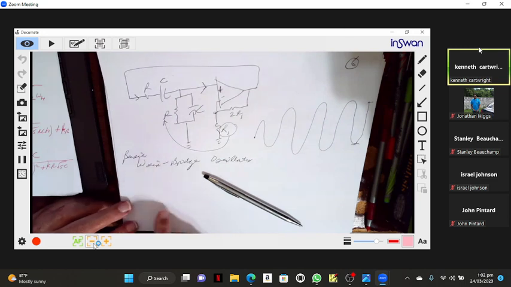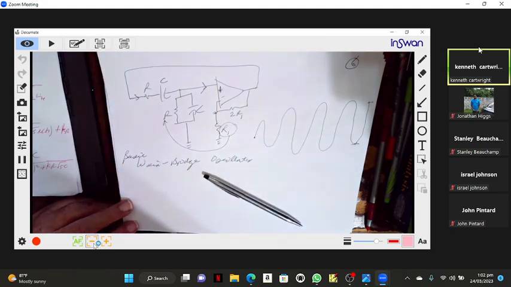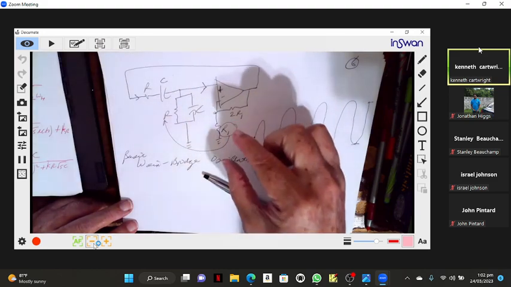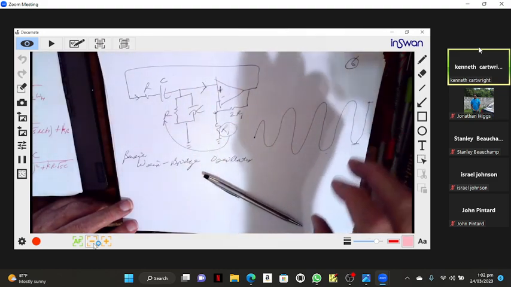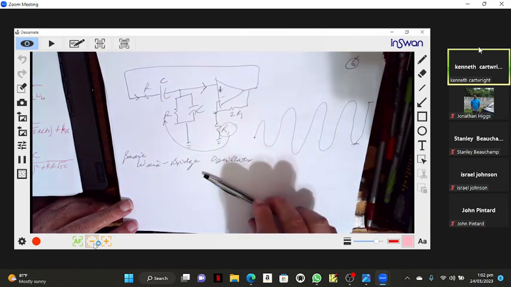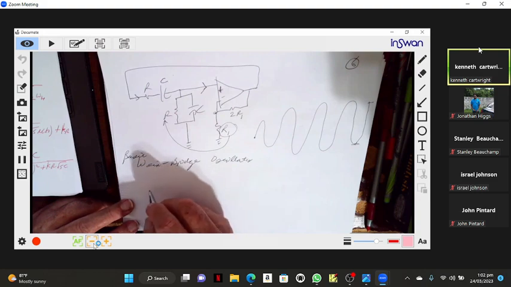So what we need to do is have the gain a little bit bigger than 3. And then when it starts to grow, we want to decrease the gain below 3. So what will happen then?